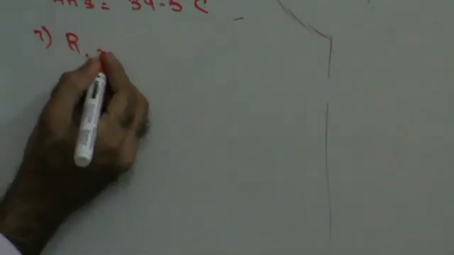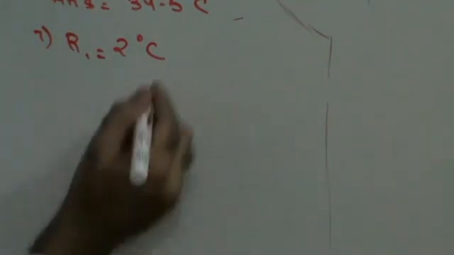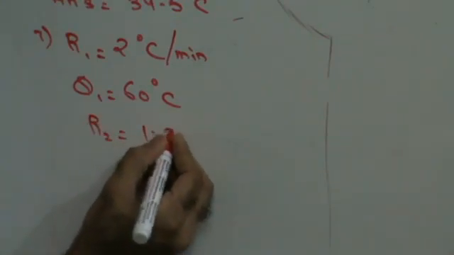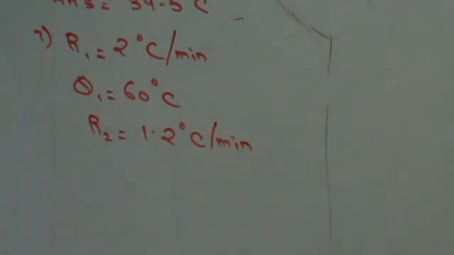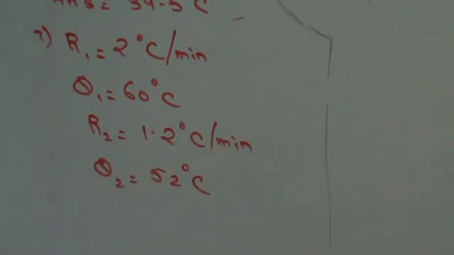If the rate of cooling is 2 degrees Celsius per minute when its temperature is 60 degrees Celsius, and 1.2 degrees Celsius per minute when its temperature is 52 degrees Celsius.